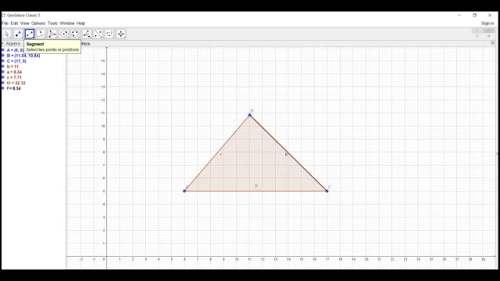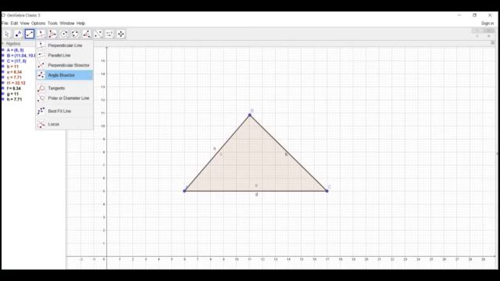So this is BC, this is AB, and this is AC line segment. So then we have to construct the angle bisectors of three angles.